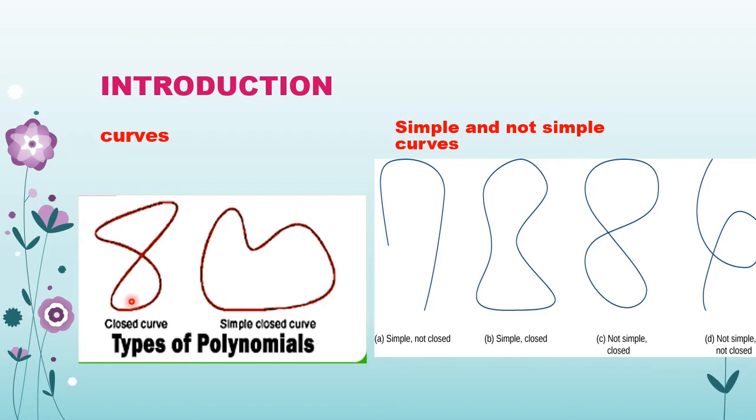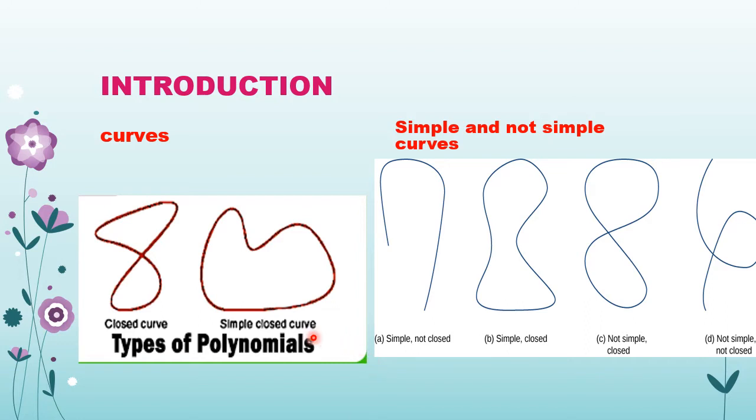The first one is only a closed curve, but it is not simple. Why is it not simple? Because here the two lines are crossing each other. This one is simple because none of the lines is crossing each other. It is like a loop, but the loop is closed. Therefore, it is a simple closed curve.